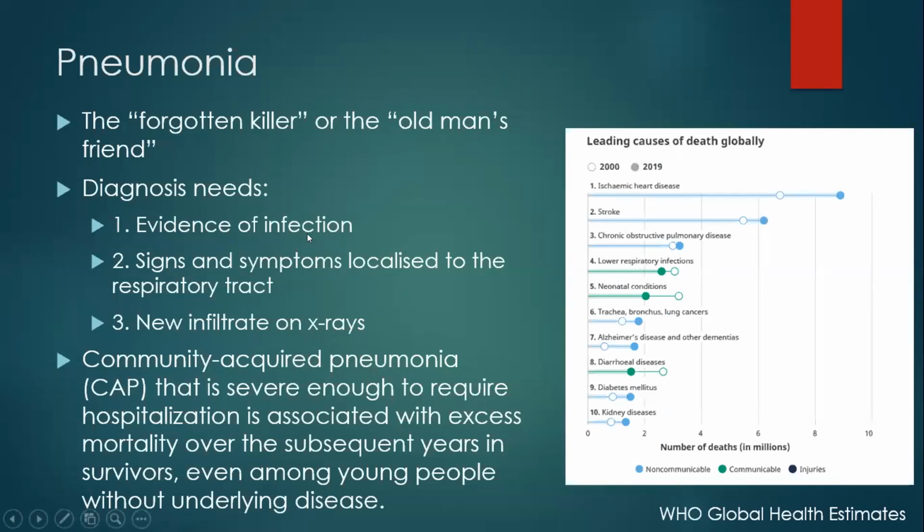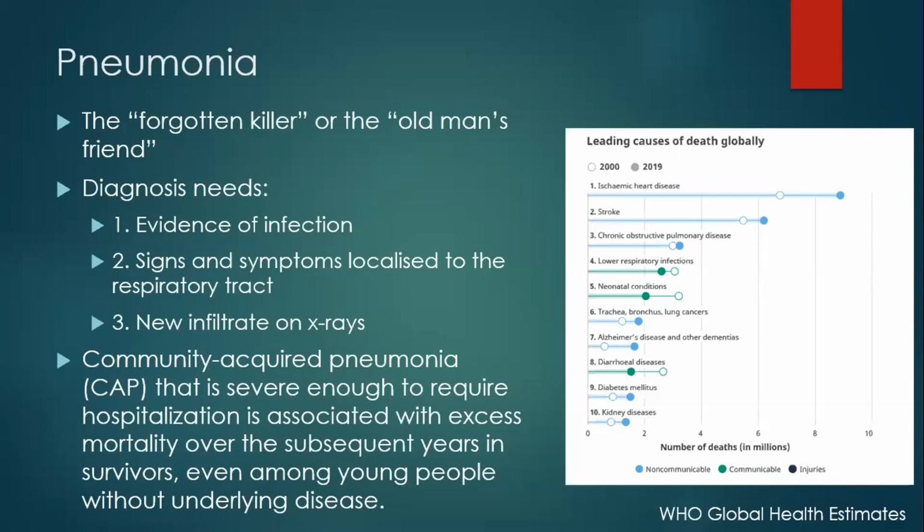Basically, you need evidence of infection, and for this we're talking about raised biomarkers, whether it's a CRP or a PCT or white cell count or a raised temperature; signs or symptoms that can localize your infection to the respiratory tract, and obviously cough, sputum production, dyspnea; and then very importantly, a new infiltrate on the chest x-ray.